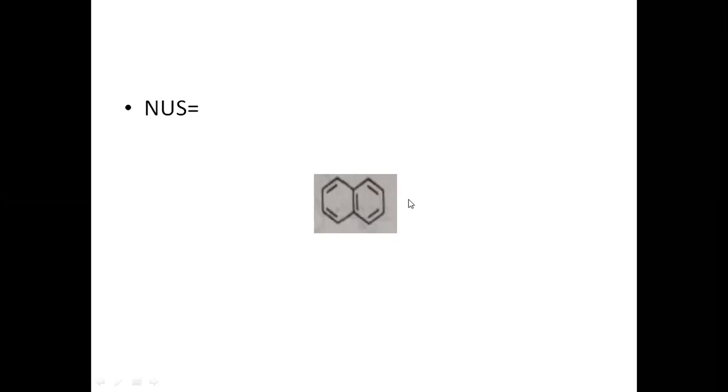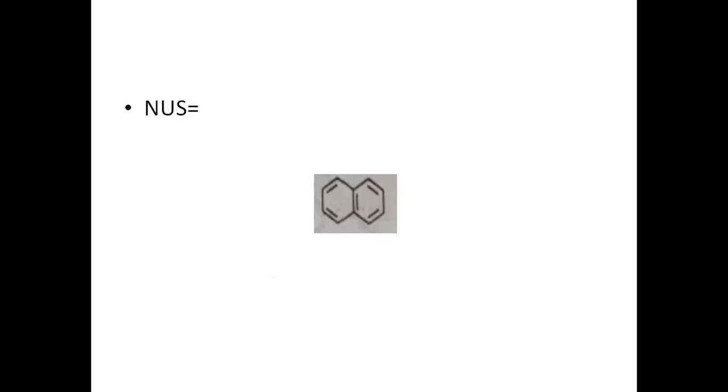Two rings correspond to 2 unsaturations. So the total number of unsaturations is 7.